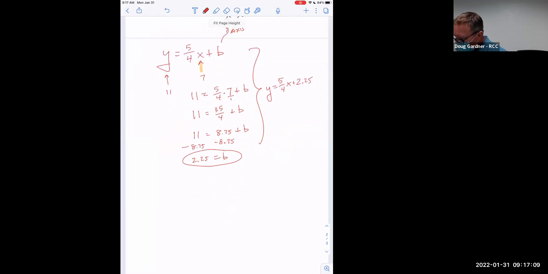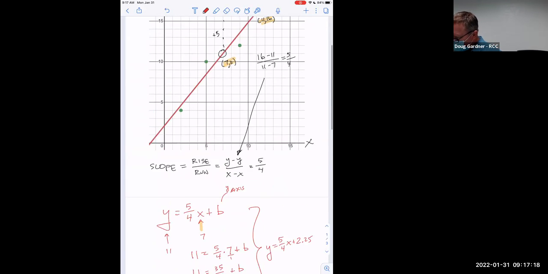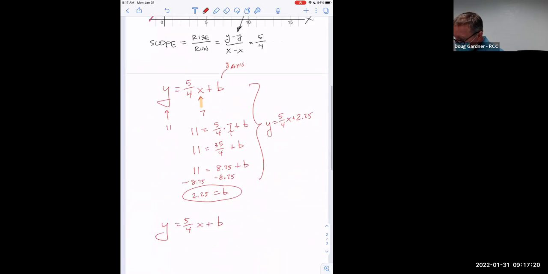But yeah, how did I know to pick 7 and 11? Well, I didn't. The other one should have worked as well. The other one was 11 for x and 16 for y.